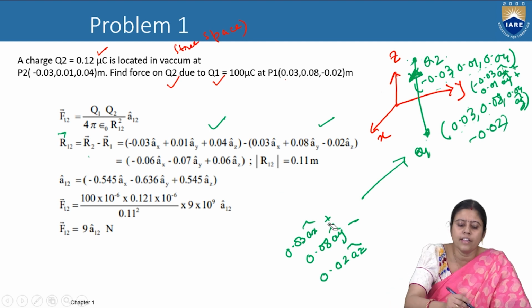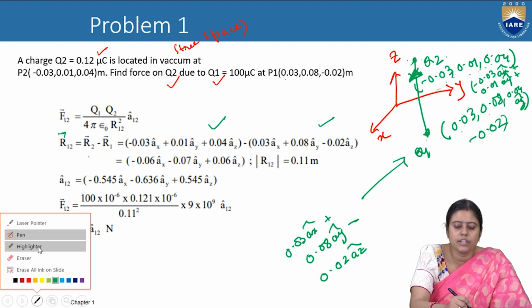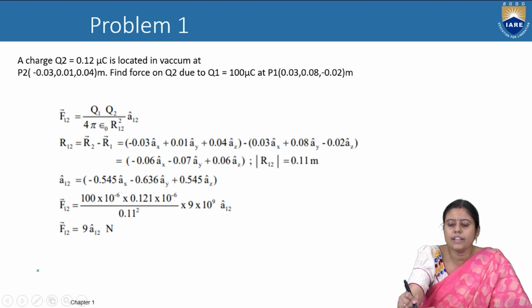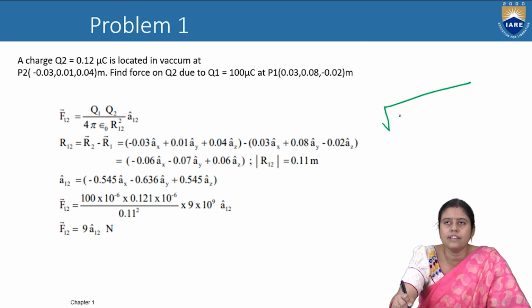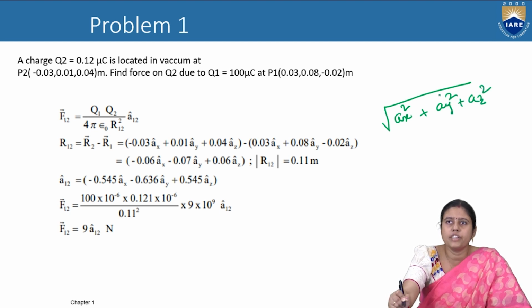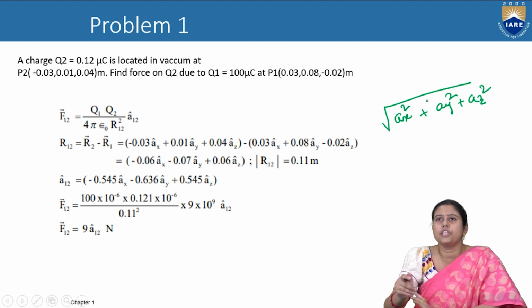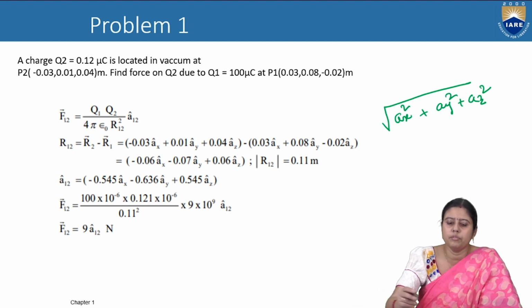How to get the length? The length can be calculated as the square root of ax square plus ay square plus az square, the coefficient of x square plus coefficient of y square plus coefficient of z square.